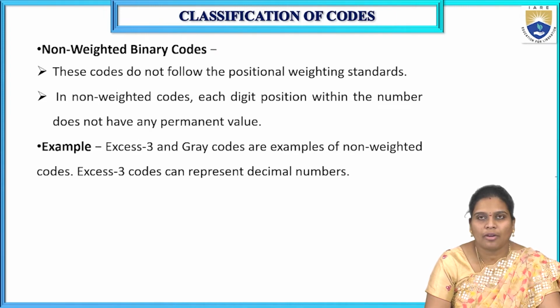Okay, so next one is non-weighted binary code. It does not follow the positional weighting standards. Means, if you are taking any number, it does not depend on the particular position of that weight. So that is the non-weighted codes. Non-weighted code examples are XS3 code and gray code.